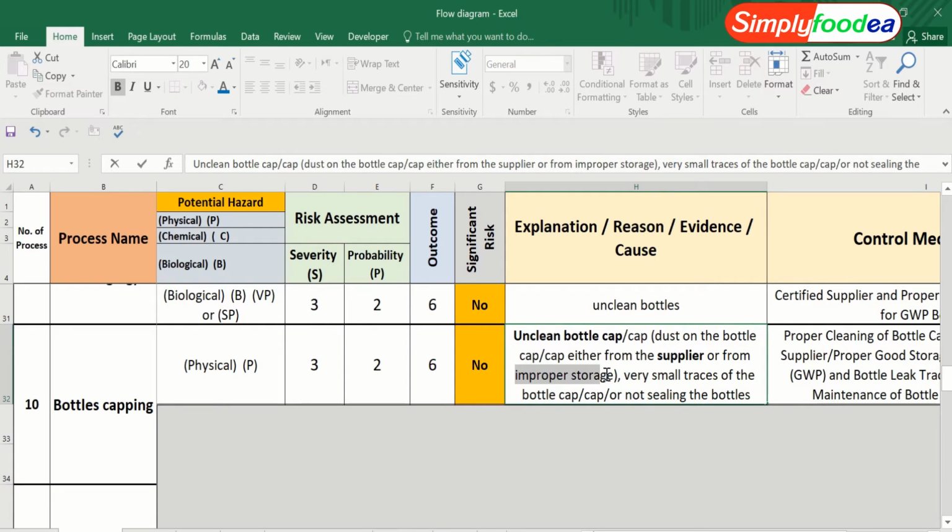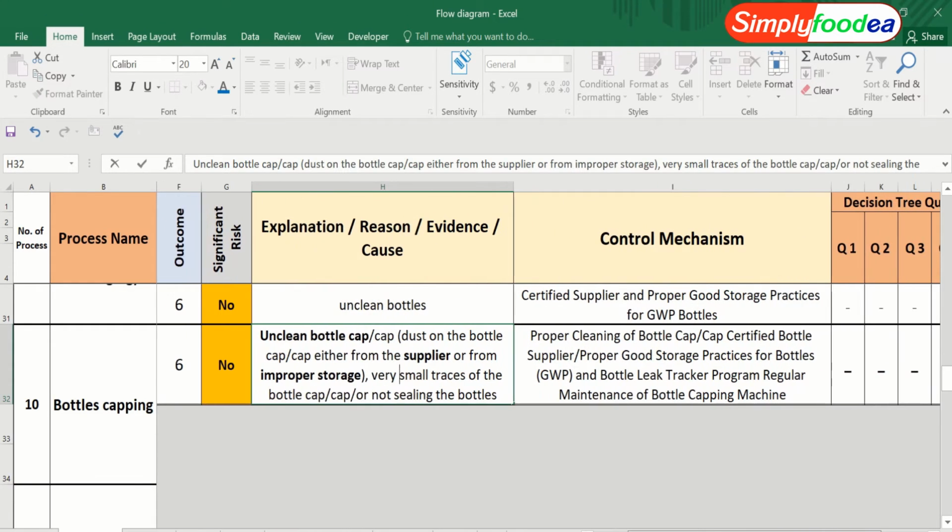This is very critical to the industry, and some facilities or productions define the primary packaging processes as CCP, but also according to the risk assessment and the CCP decision tree.